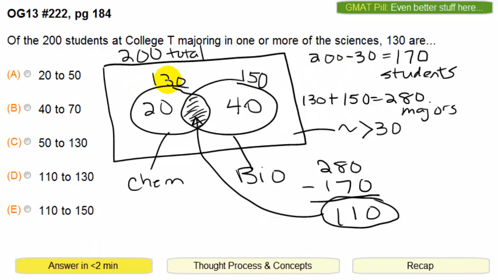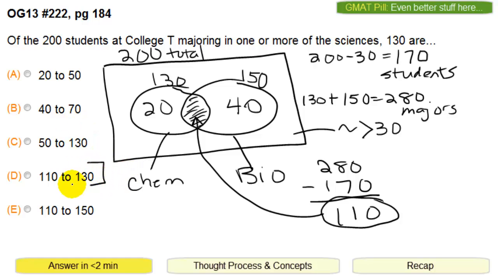Well, we're told there are 130 total chem and 150 total bio. The maximum number that could double major would have to be the lower number, 130. So you can't have 150 people double majoring, otherwise it would exceed the 130 limit for chemistry majors. So the common sense answer tells us that 130 is the upper limit, and so that's why answer choice D is what we want here.